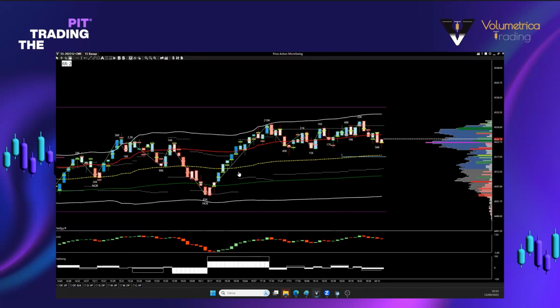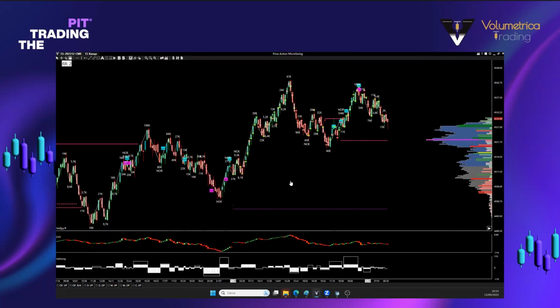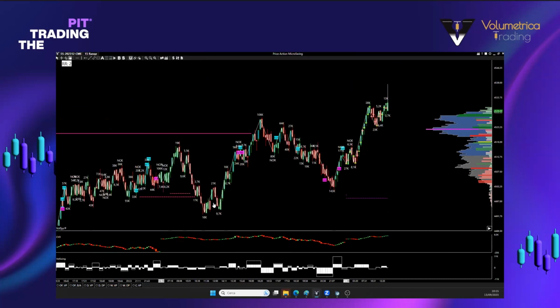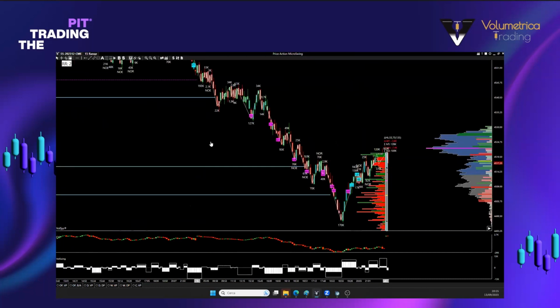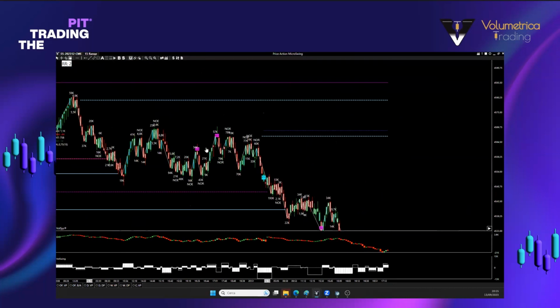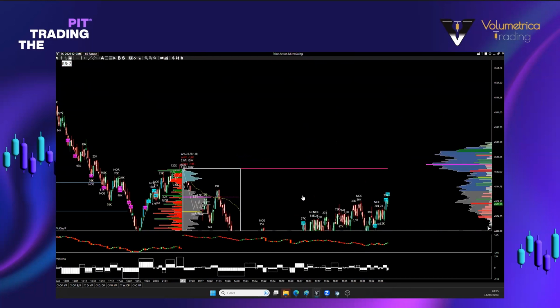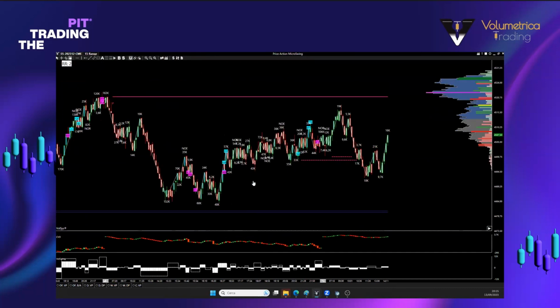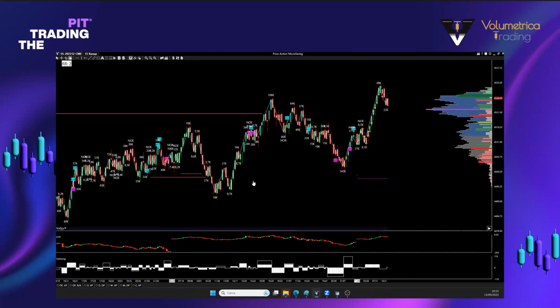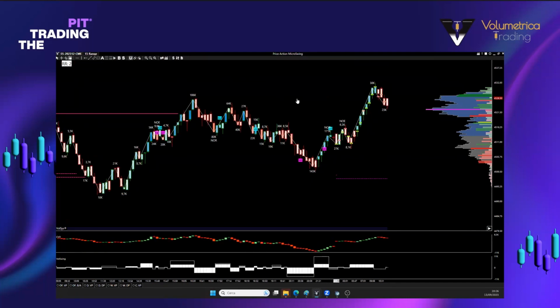I just need to get another chart in order to explain this concept. Let's find a similar example. Okay, for example, here. First of all, how does the indicator work?